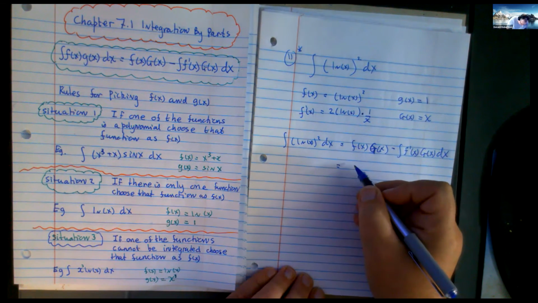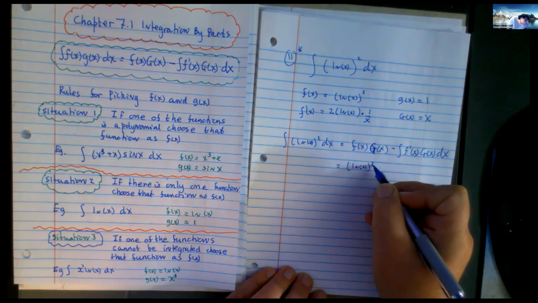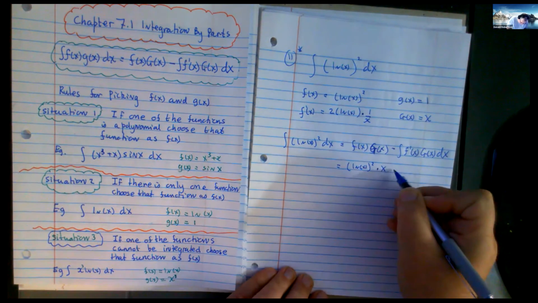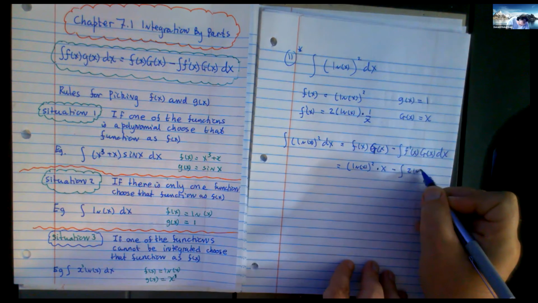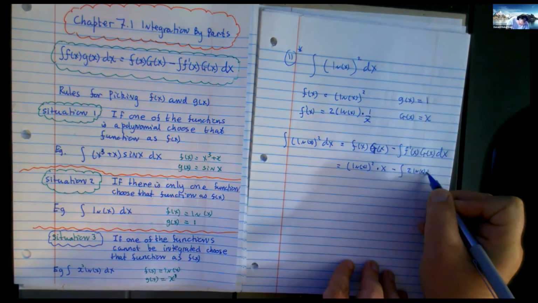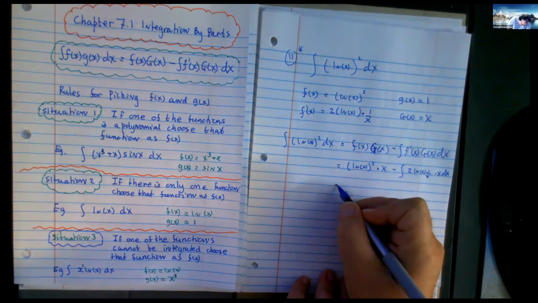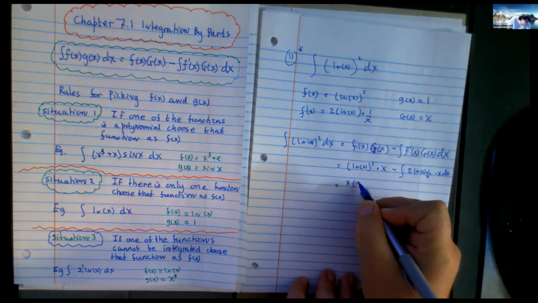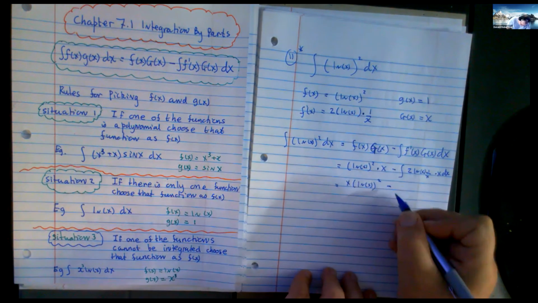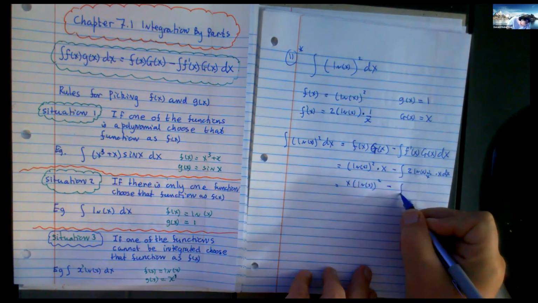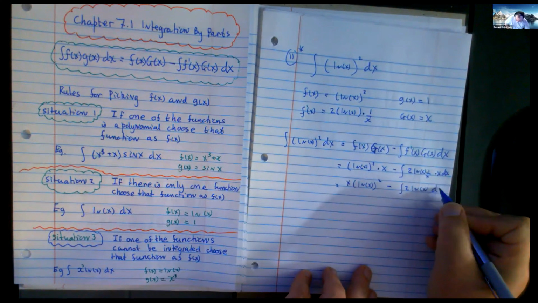So it's going to be the natural log of x squared times x, take away 2 natural log of x times 1 over x times an x. And we now have that guy squared, take away 2 times the natural log of x, because the x's cancel out.